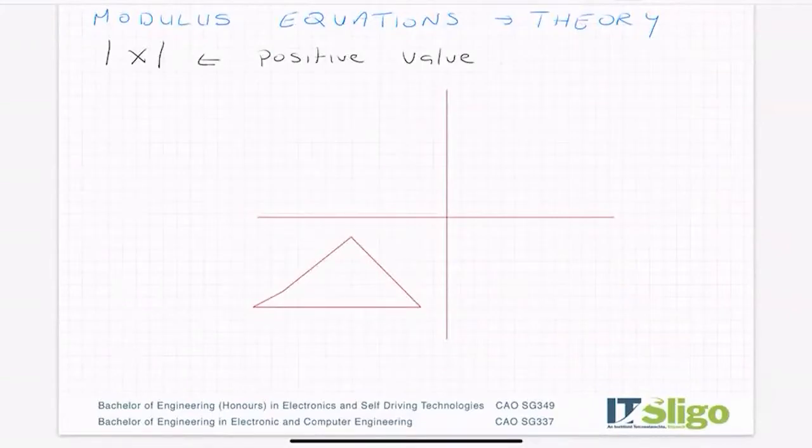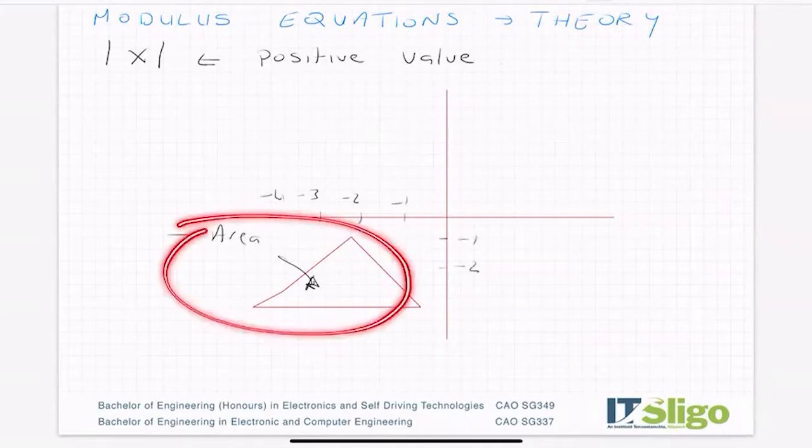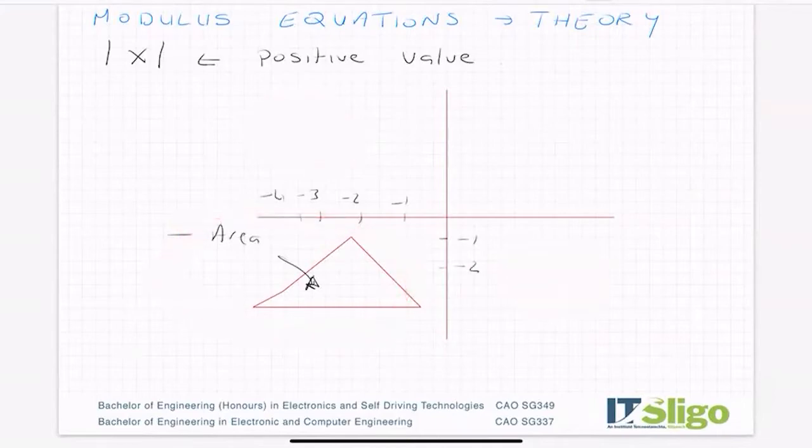Well, chances are, if you find the area of that, you'll get a minus answer just because of its location here on the minus corner of the quadrant, okay? Or here, you might get a minus answer. Okay, it doesn't mean it has a minus area because area is how much space it takes up. So a minus area doesn't make sense. So again, if you look at an area formula, you'll see the modulus symbol around it.